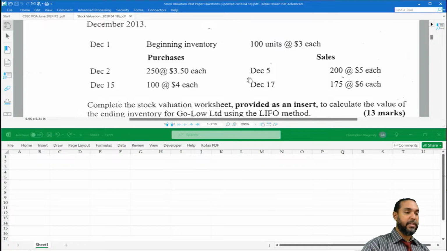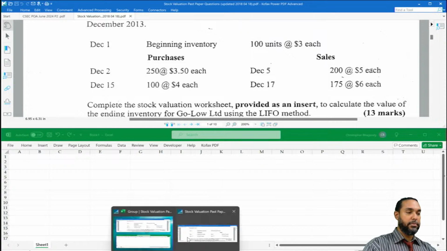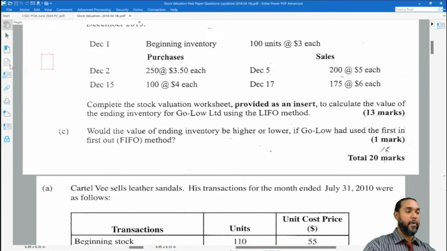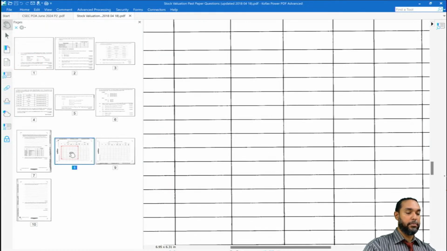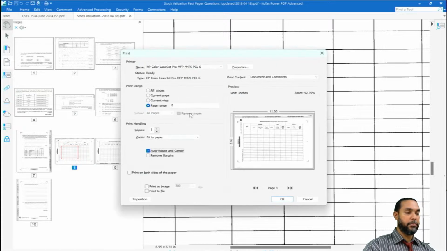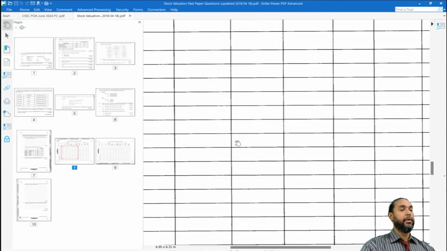So, complete the worksheet. Okay, all right, let me get a worksheet here. It's the same thing. Let me just pull the printout there for now.